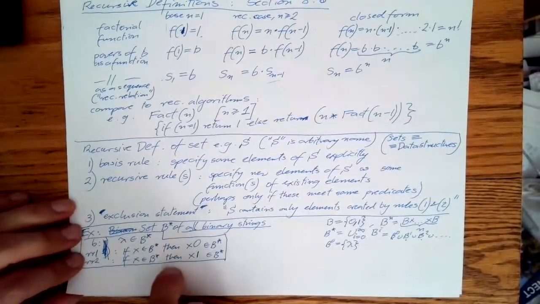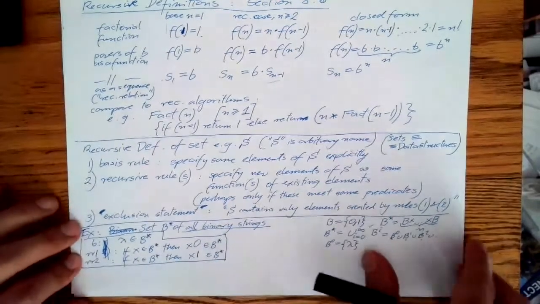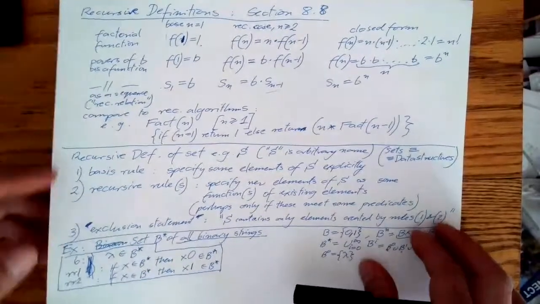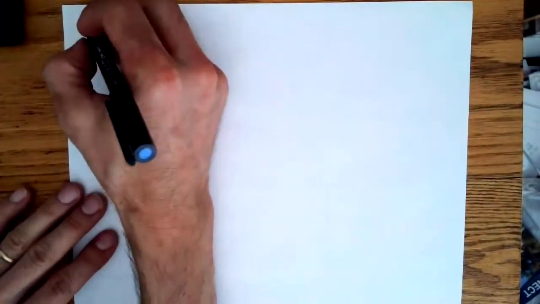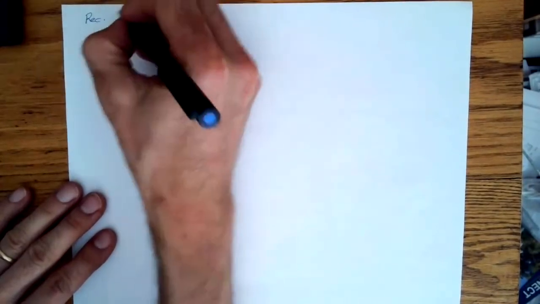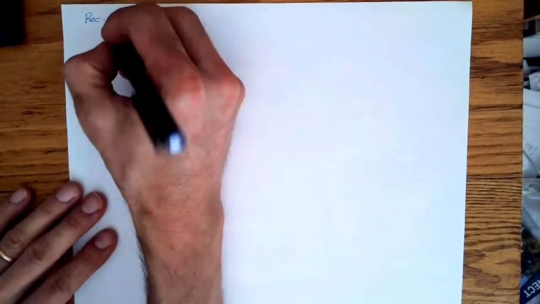Let's see how this definition works. Okay, so let me copy it over here in a concise form. So the recursive definition of B star looks like this.